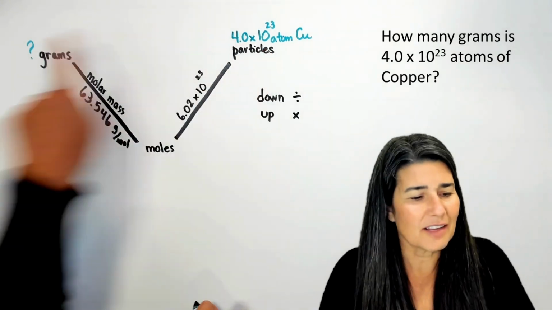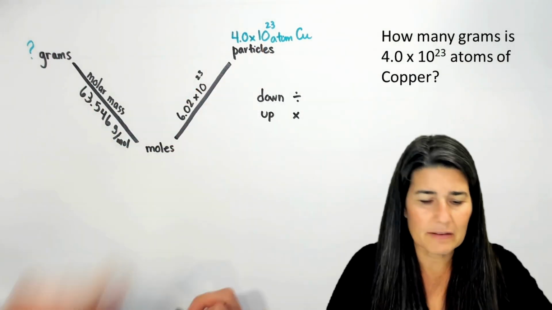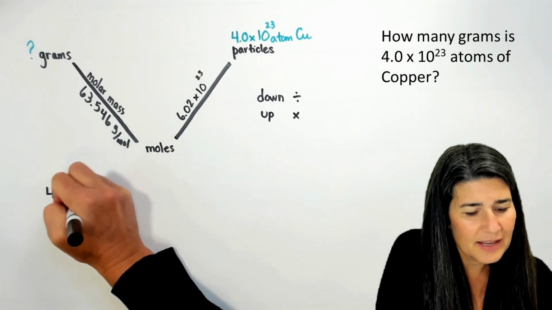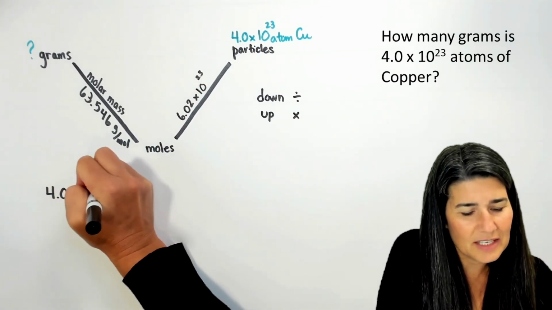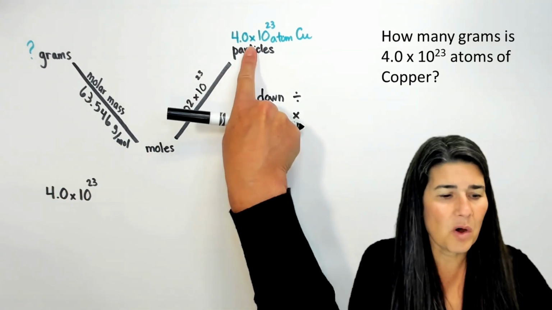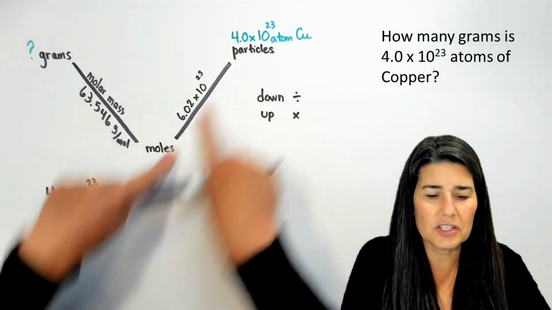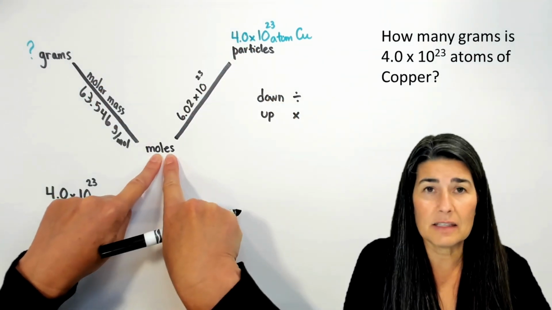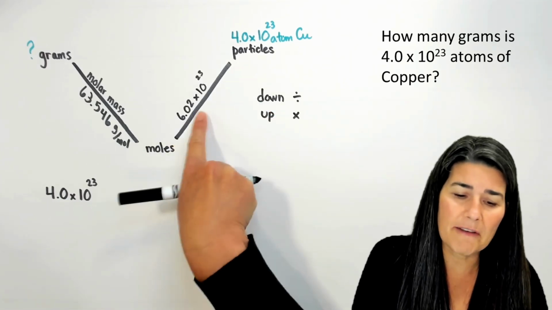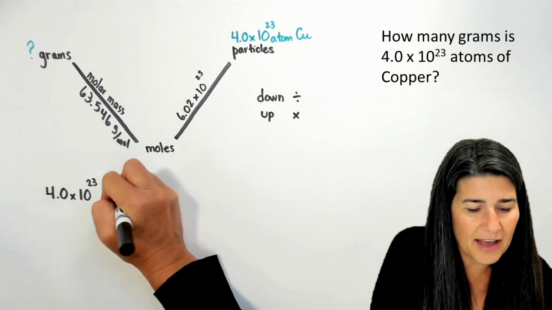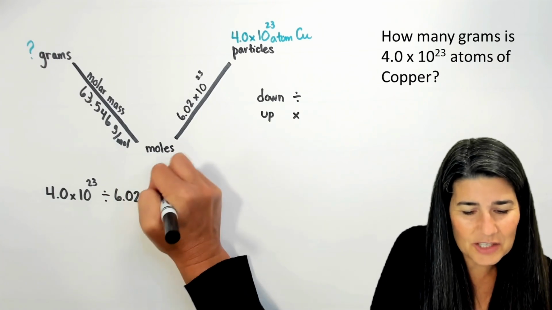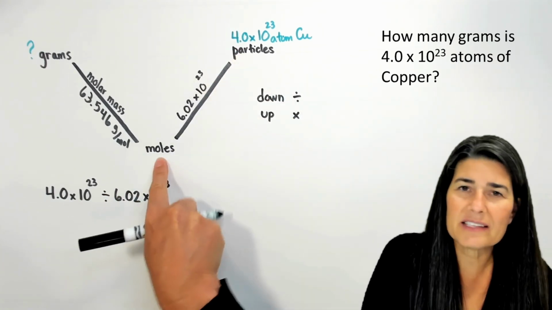Now we can go ahead and do this problem. Here's our start, there's our end. Write down your starting information: 4.0 times 10 to the 23rd. Now we want to go over to the question mark. First thing we need to do is go down, divide, down this diagonal line to moles. So we divide by our conversion factor of 6.02 times 10 to the 23rd. That brings us to moles.